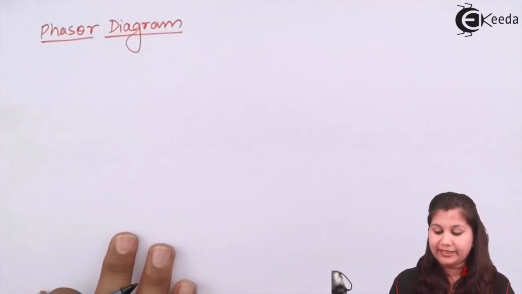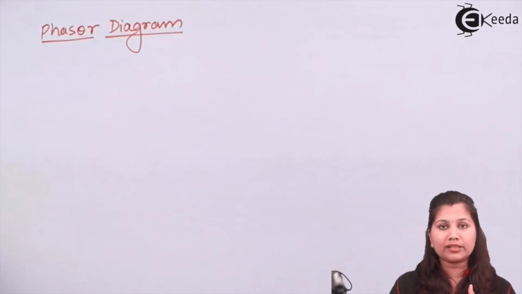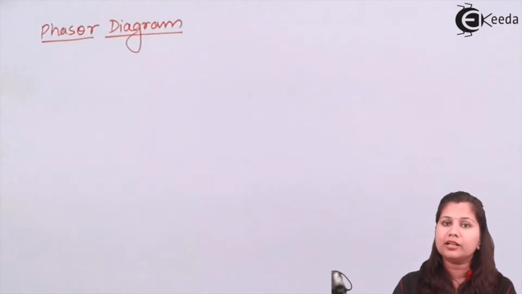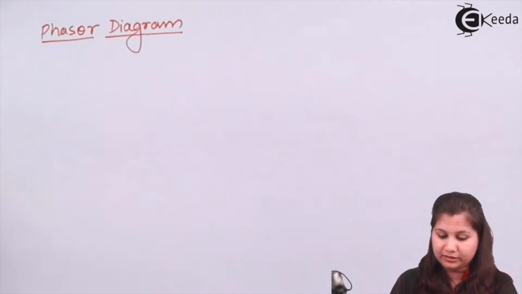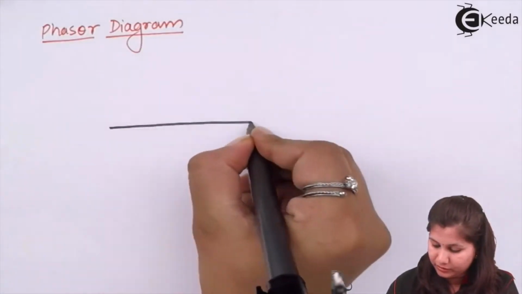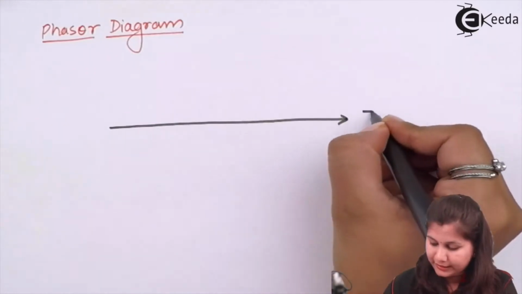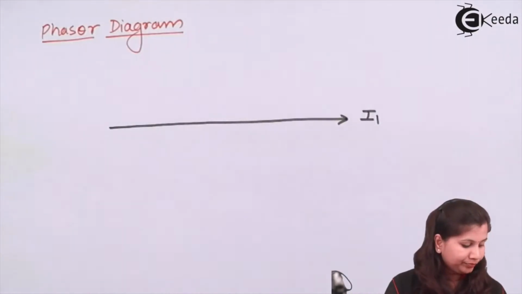So this concept will be used to draw the phasor diagram. In the phasor diagram, we will take a reference phasor, and across that reference phasor we are going to draw the other phasors or vectors. So here we will take the current I1 as our reference phasor.